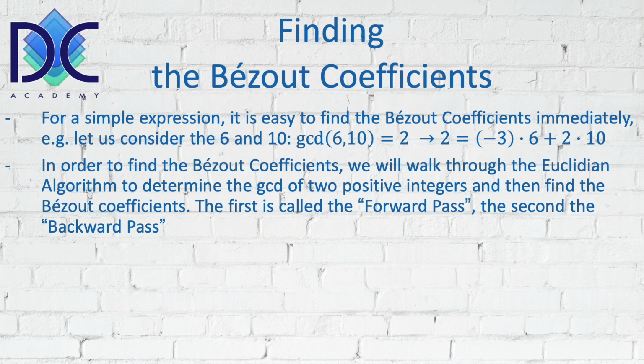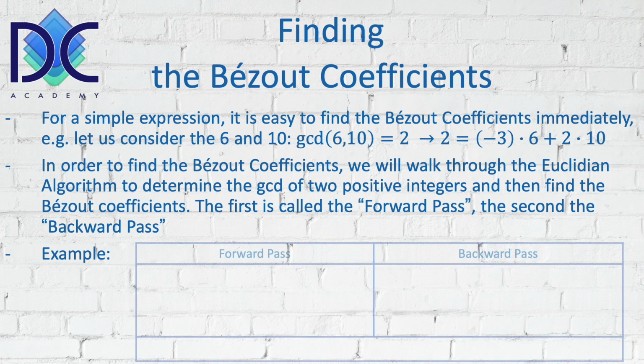The first thing we do is find the GCD using the Euclidean algorithm. That's what we call the forward pass. Then we're going to transform the intermediate results to finally find those Bézout coefficients.